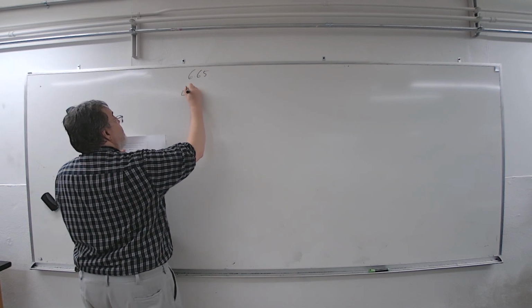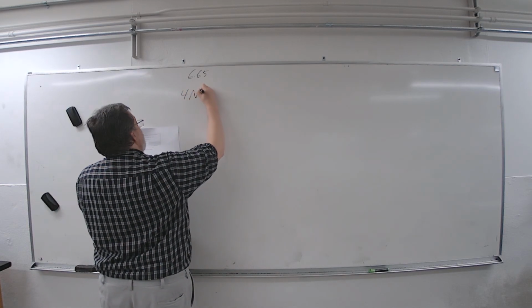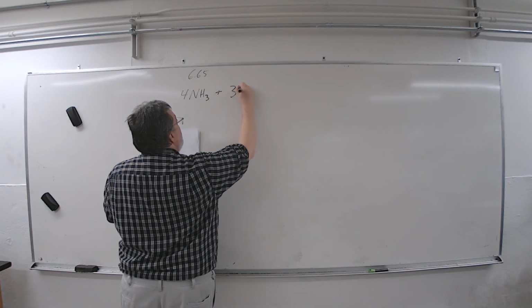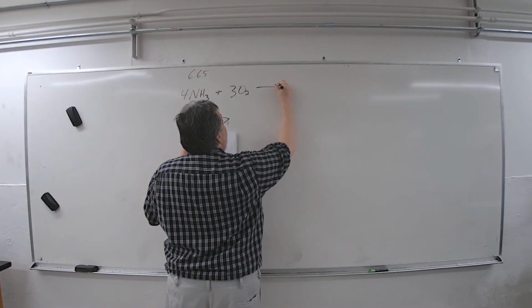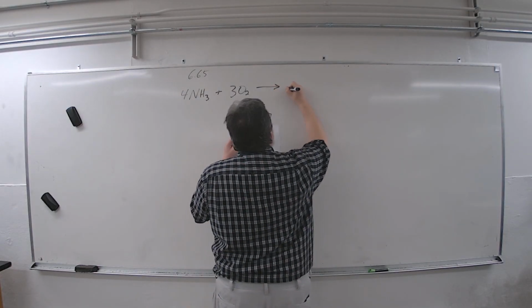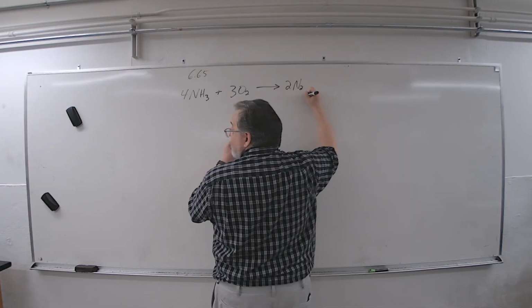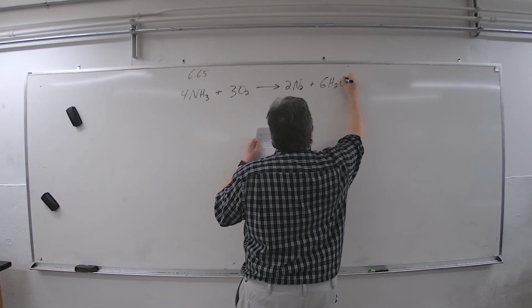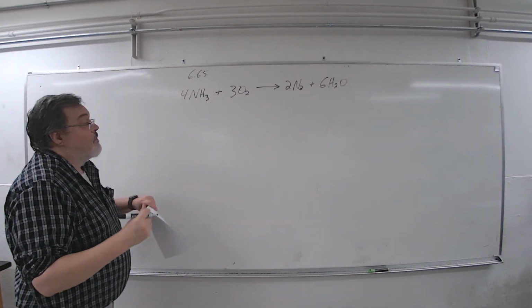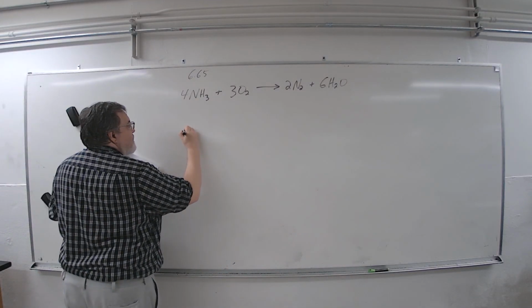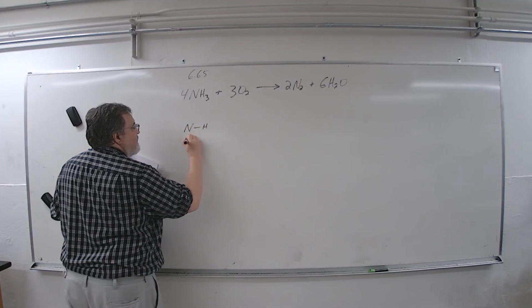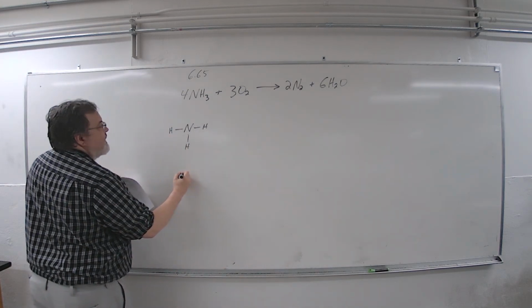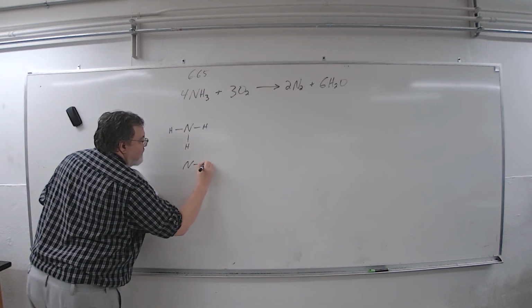Let me write this. Here's the reaction. Assume I give you this reaction. That reacts and gives us... Before I go into this calculation, there are 4 of these, so let me draw them along.